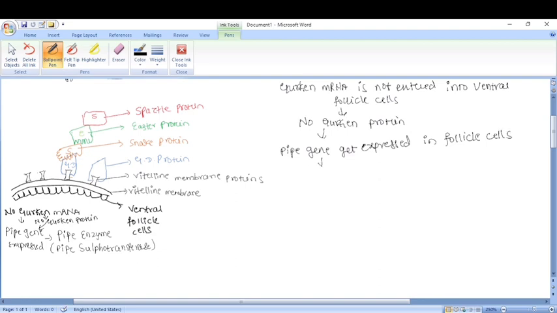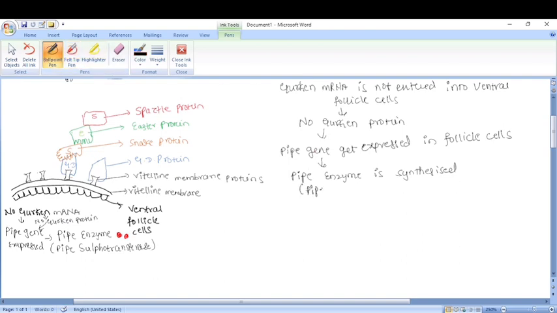Now, due to expression of the pipe gene, the pipe enzyme is synthesized. The name of the pipe enzyme is pipe sulfotransferase enzyme.